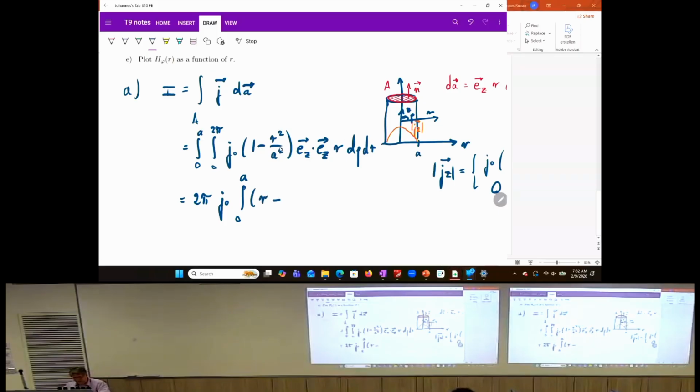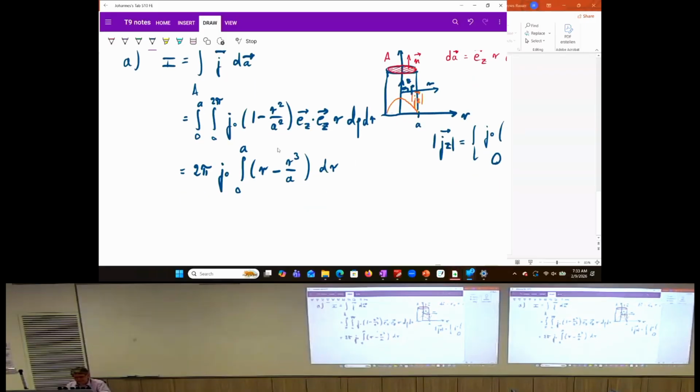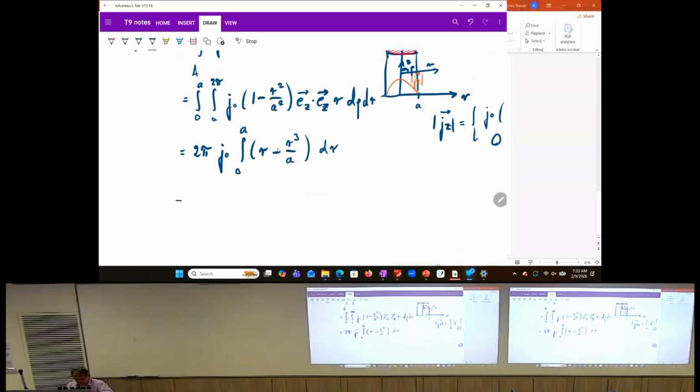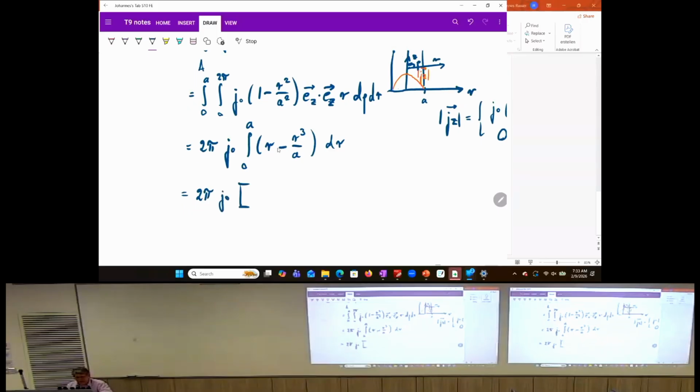So then we obtain here r minus r to the power of 3 over a squared, and we integrate over dr. And that gives us 2 pi J0. r integrated is r squared over 2. And r to the power of 3 integrated is r to the power of 4 over 4a squared here. Boundaries are 0 to a.